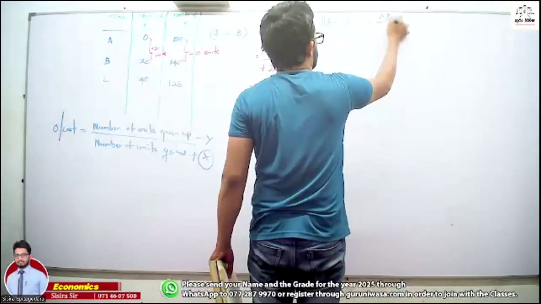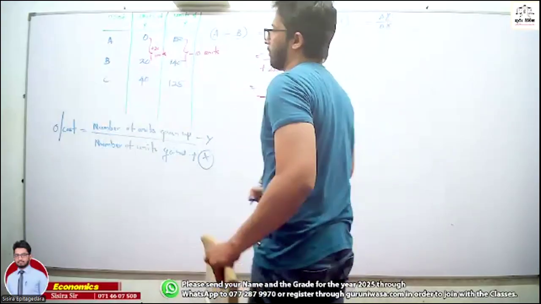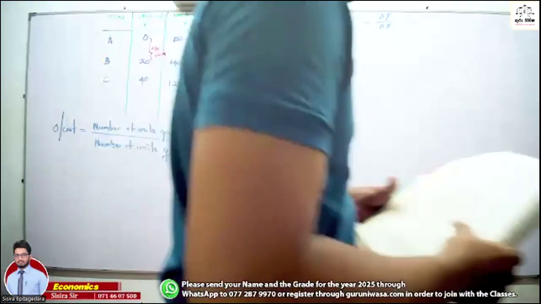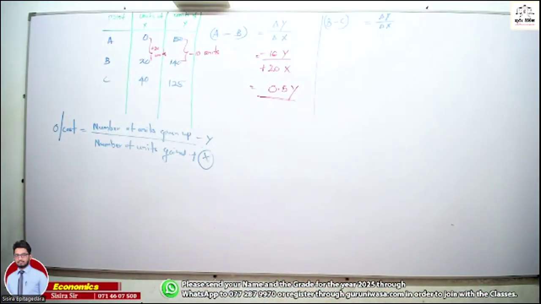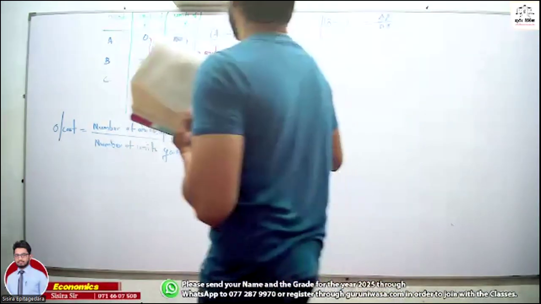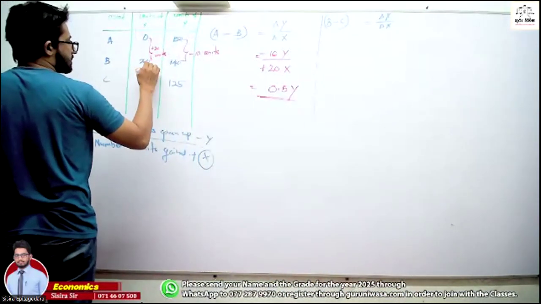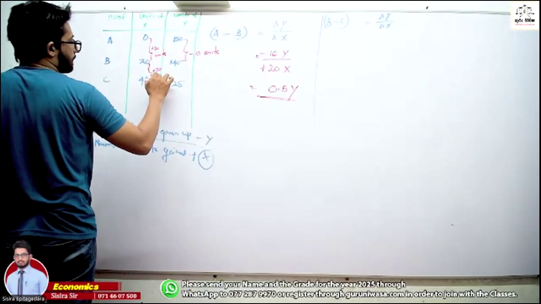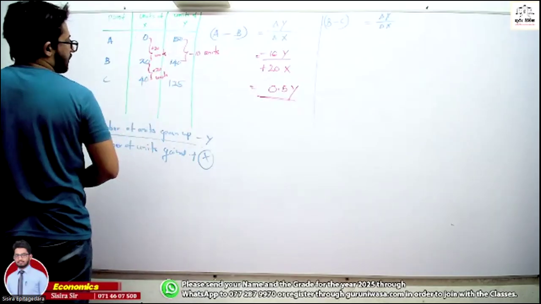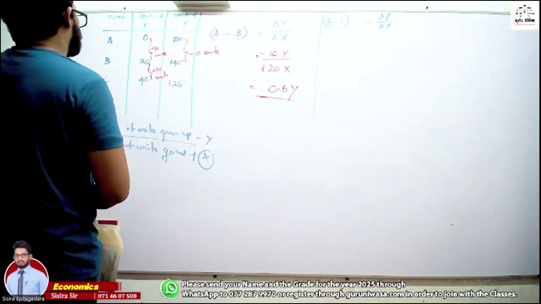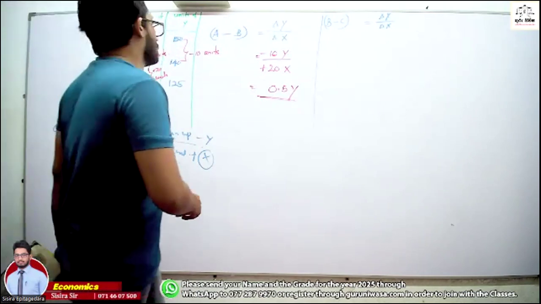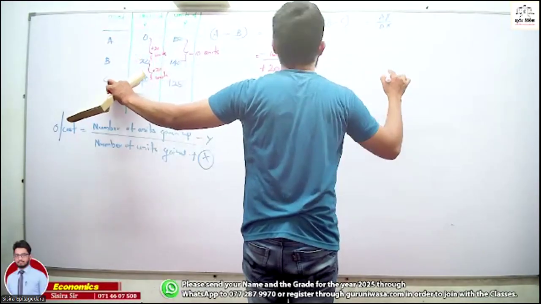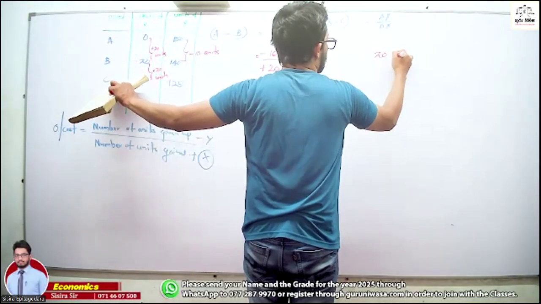Delta Y over delta X. When moving from B to C, what happens? X production rises by 20 units. It means economy increases X production by 20 units. So number of units gained when moving from B to C is 20 units of X.